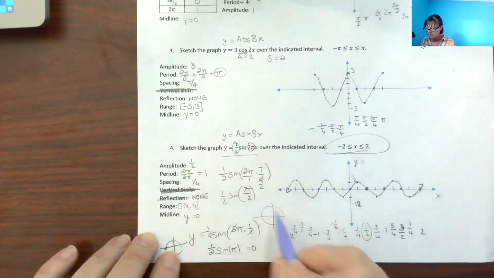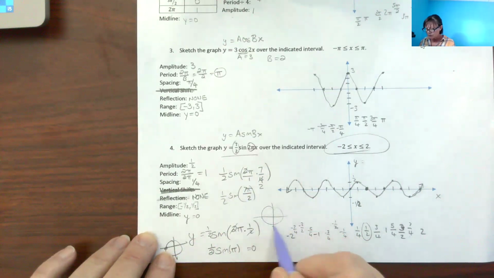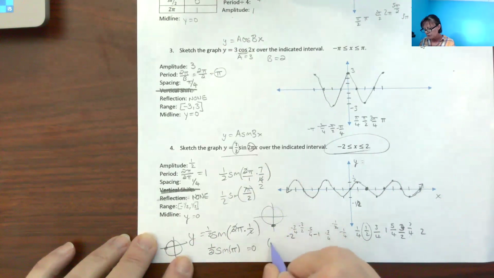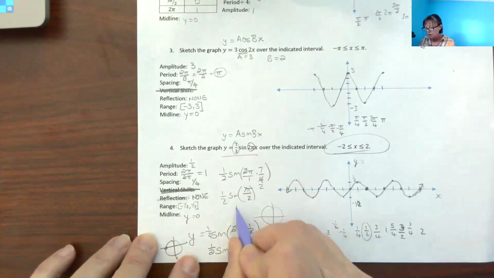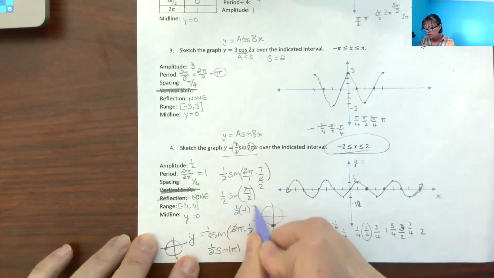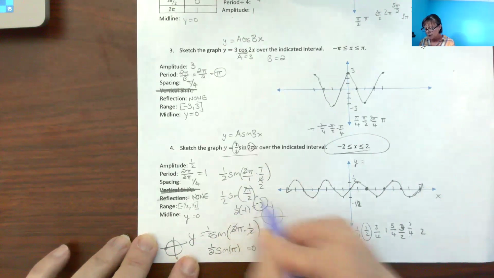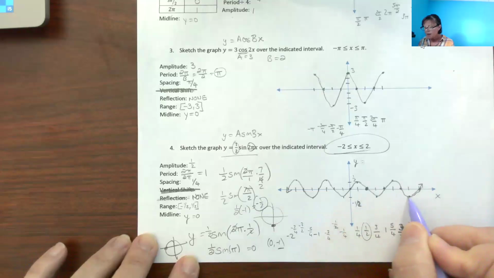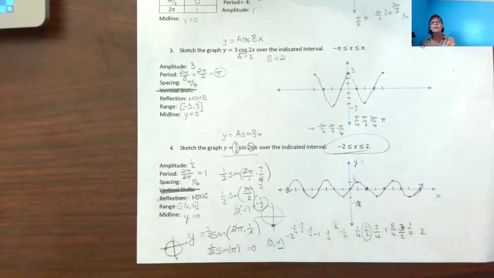Oh my goodness. This is 1 pi over 2, 2, 3, 4 pi over 2, 5, 6, 7 pi over 2, which is coterminal with 3 pi over 2. And the y value is -1. So this is 1/2 times -1. So I should be at a -1/2 y value. When I'm at 7 pi over 4, I should be down here at -1/2. And that's what I am. So you can always check to make sure that your points are landing in the correct places.